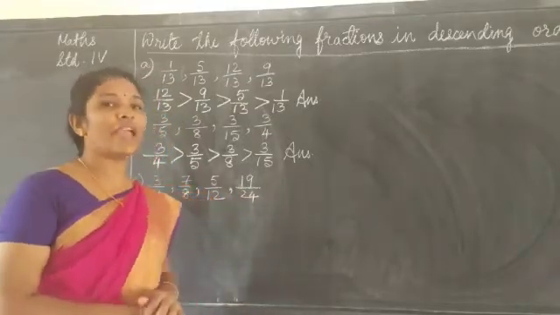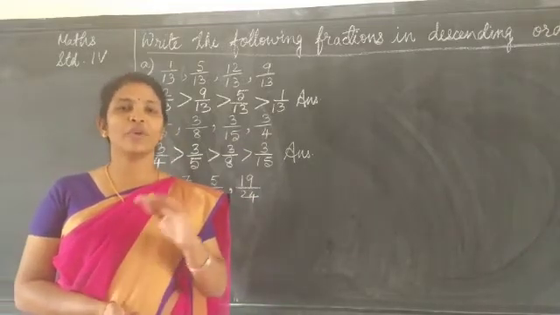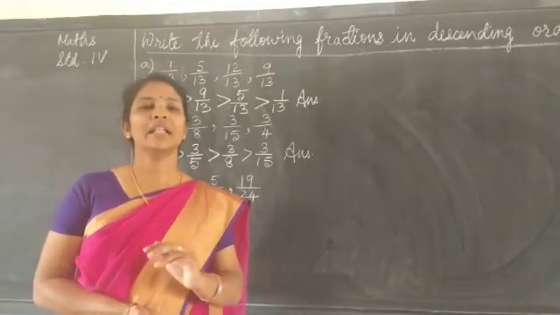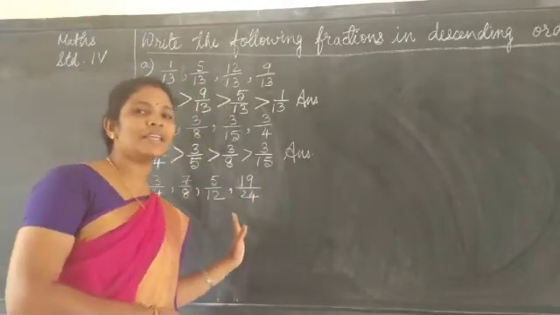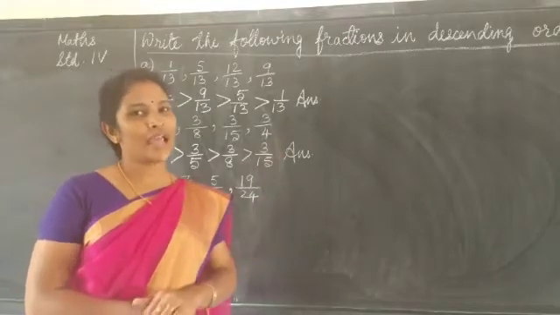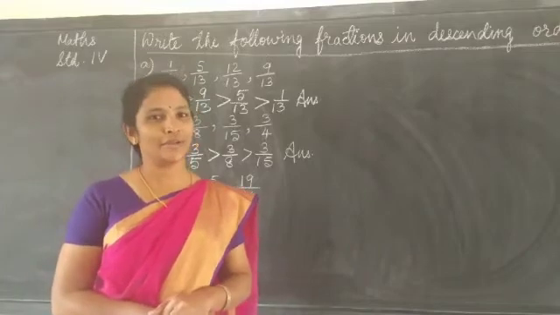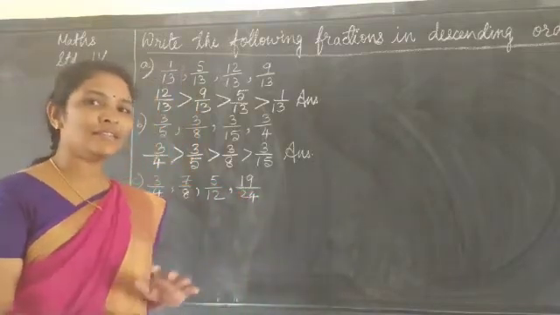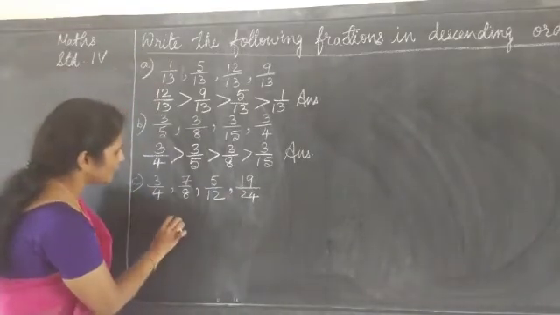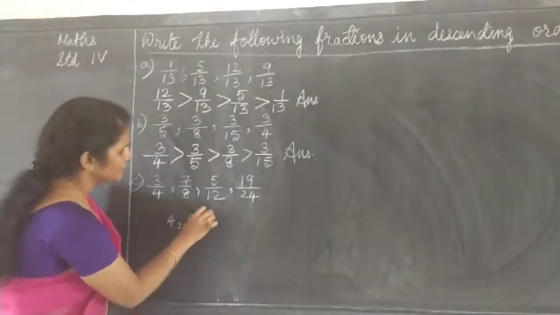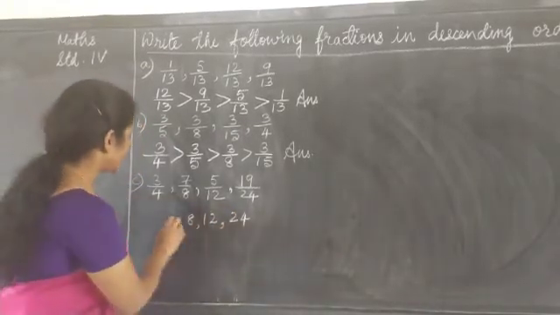Now, in this case, what we have to do, as we did for the ascending order, we have to find the LCM of the denominators, and we have to change all the given fractions into like fractions having that LCM as the denominator. So we can first find the LCM of the denominators. Denominators are 4, 8, 12 and 24. We are going to find the LCM.